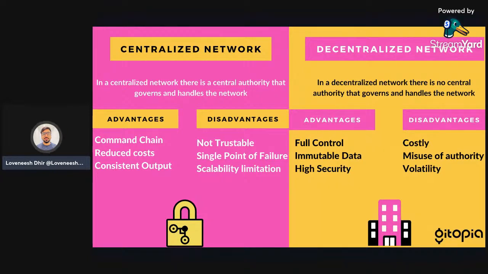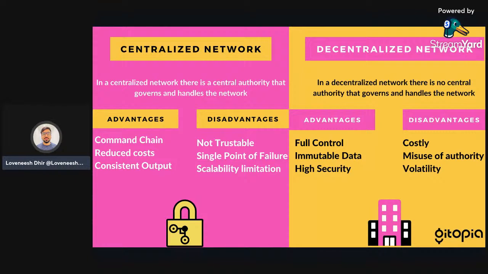Basically a decentralized network uses blockchain technology. Blockchain's data structure is append only. So that implies that there is no chance for anyone to modify or alter the data once it is stored. This is why there is high security as well.